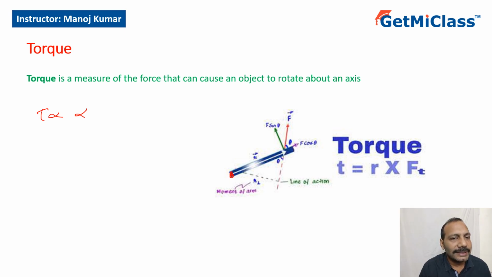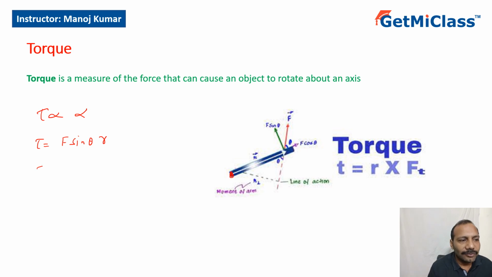Now F cos theta, which is acting along the bar, cannot rotate the bar. Only F sin theta can rotate the bar. So I can write the net torque acting on this bar is tau equal to F sin theta into R, where R is the distance between the axis and the point of application of force.